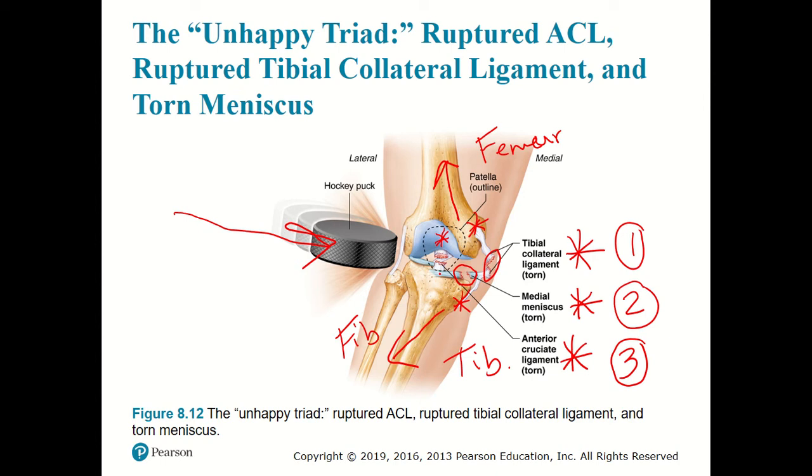And it comes right and joins right there, attaches the ligament right there. And in fact, the force, again, applied by the hockey puck here that we see causes the force to overcome there and cause a tearing of the ligament, right? All three are what we call the unhappy triad, right?